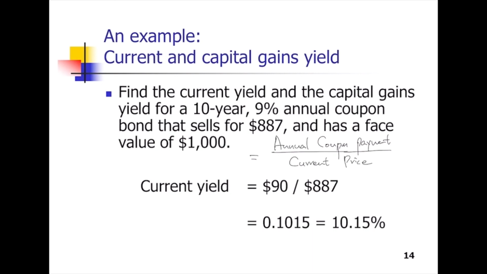The annual coupon payment is the face value multiplied by the coupon rate, 9%. And the current price is 887. When you calculate this, you get 10.15%.